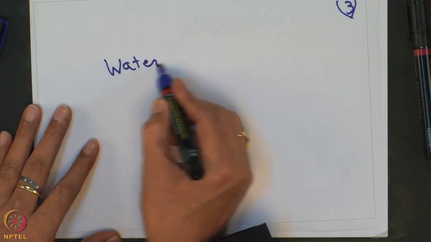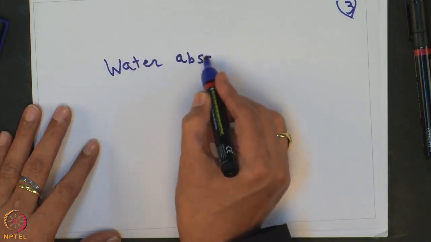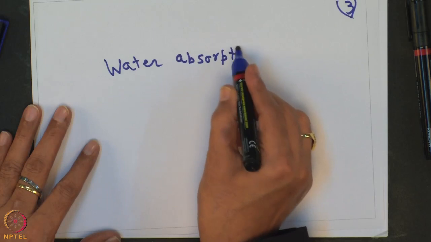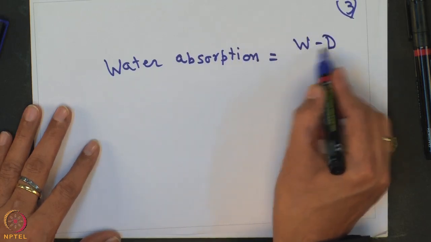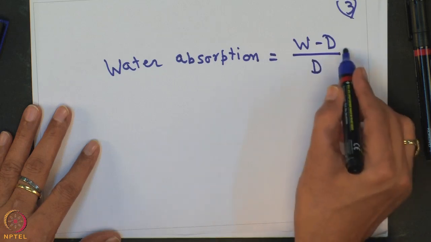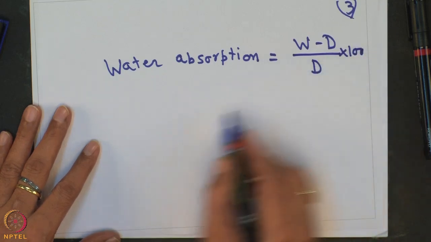Water absorption is equal to (W minus D) divided by D, into 100.